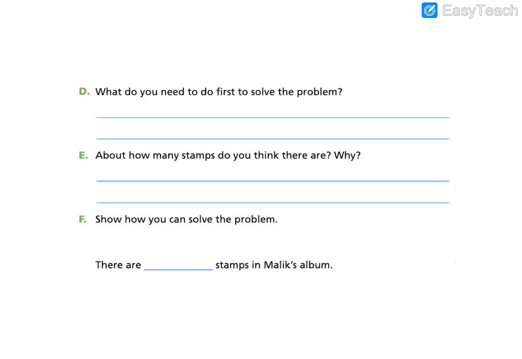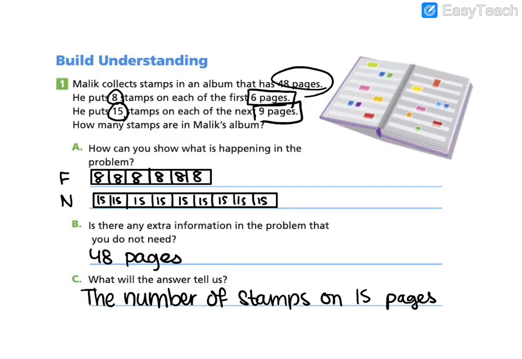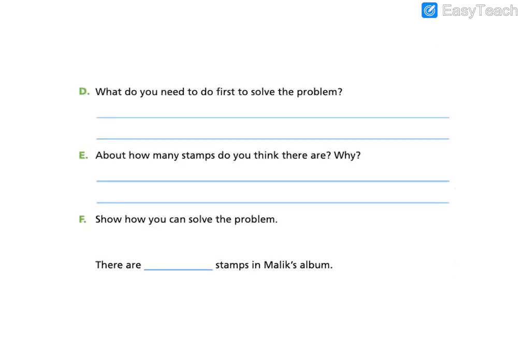Right, letter D asks us, what do we need to do first to solve the problem? Well, it's kind of helpful that we have our picture drawn. Right? It shows us that we need to find these 2 answers, right? We need to find how many stamps are on the first section and how many stamps are on the next section.